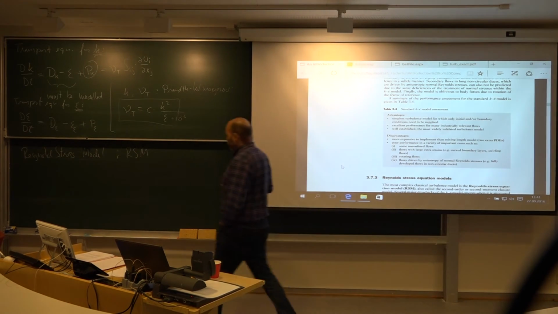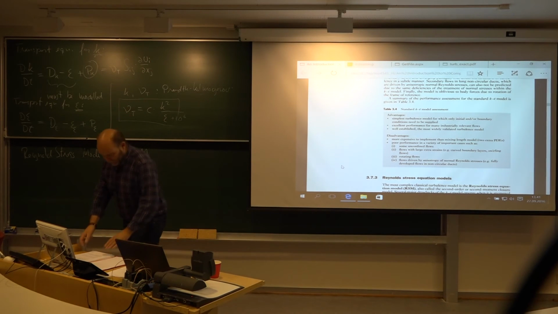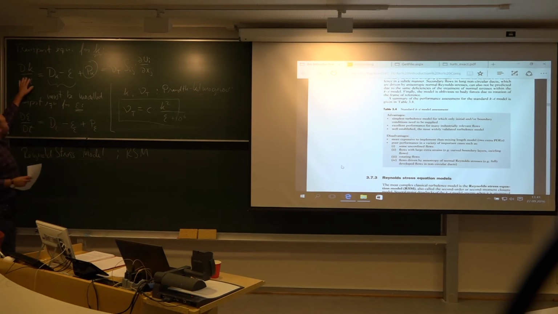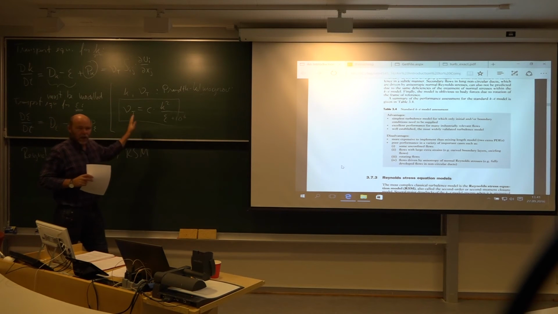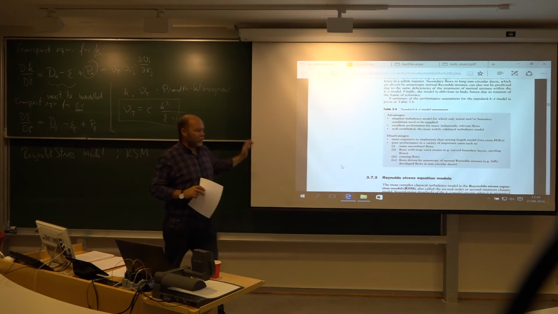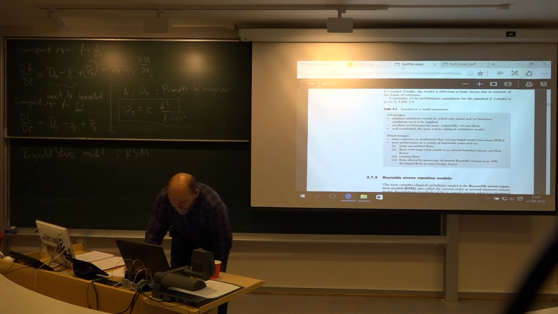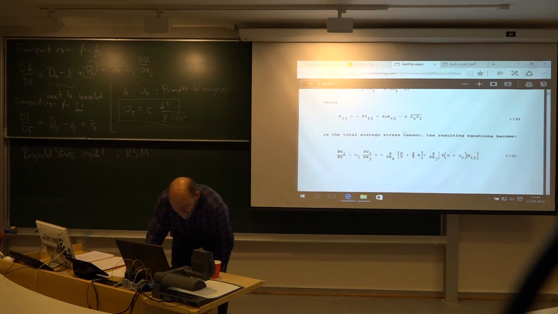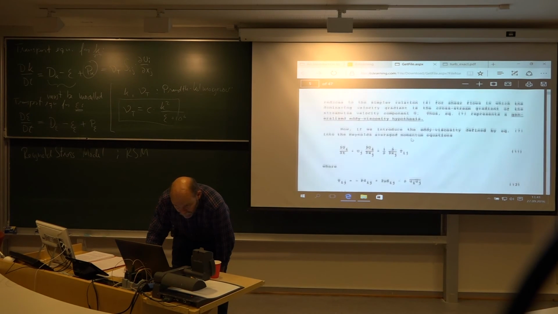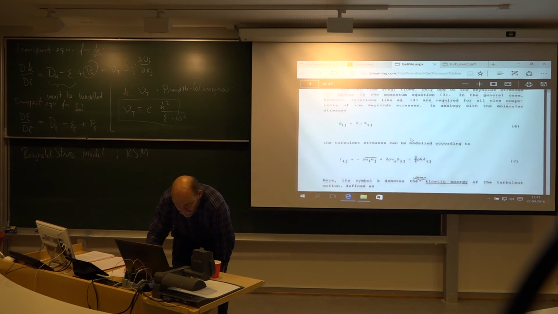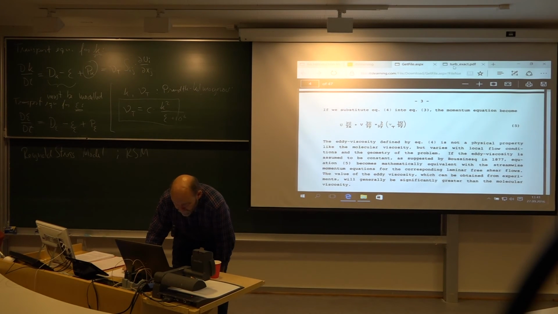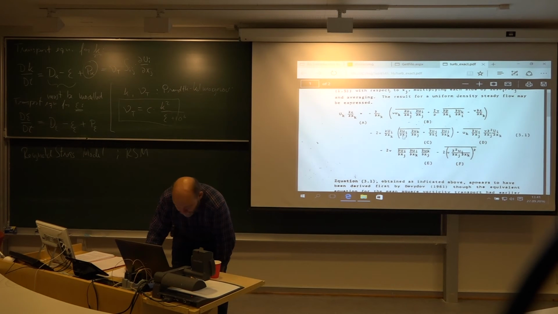So a full Reynolds stress model, that is, you need transport equations, not for K and not for epsilon and not for the eddy viscosity. We don't use the eddy viscosity hypothesis whatsoever. We are back to the original RANS.